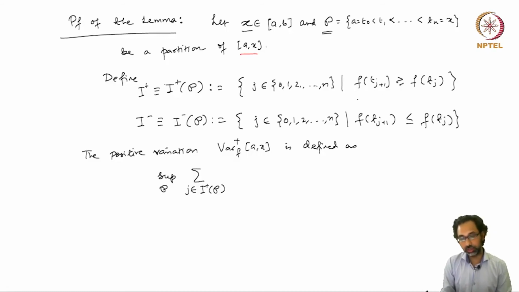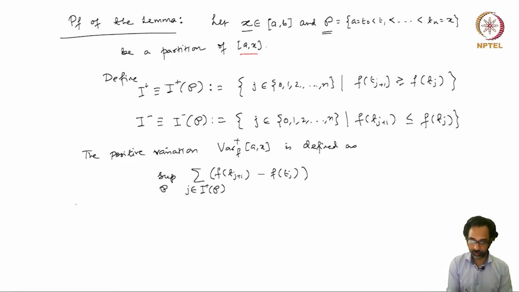So these are the indices where you get positive values for the difference f(tj+1) minus f(tj). So here you can write the sum of f(tj+1) minus f(tj), and this supremum is taken over all partitions of the interval [a,x].